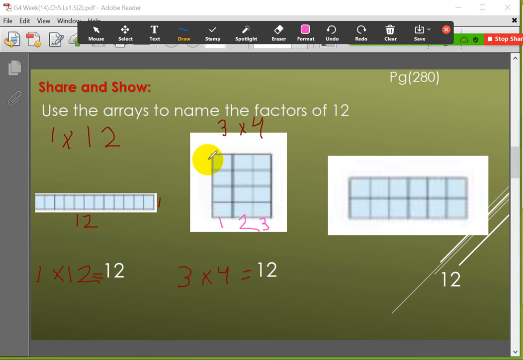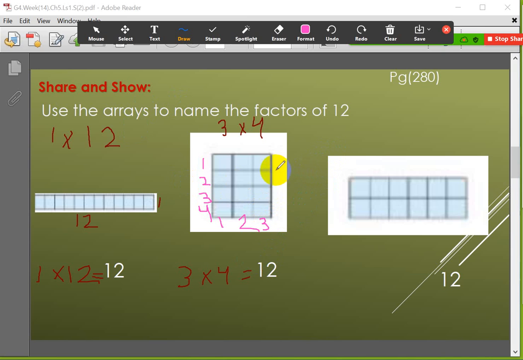Okay, how many arrows do I have here? Let's count it. 1, 2, 3, 4. Count just one time, girls, please. I can't write on the screen if you type too much.